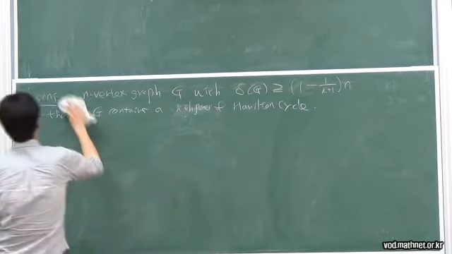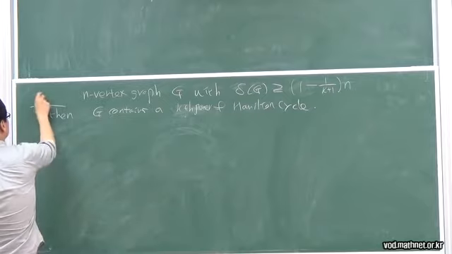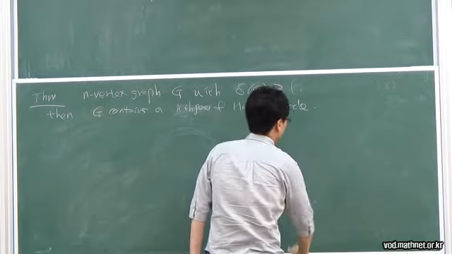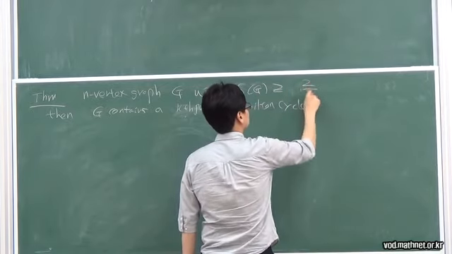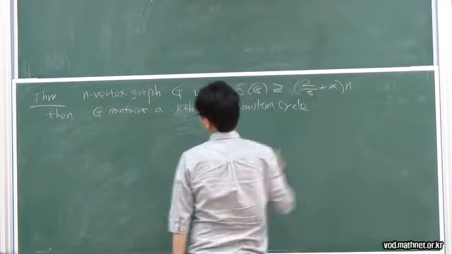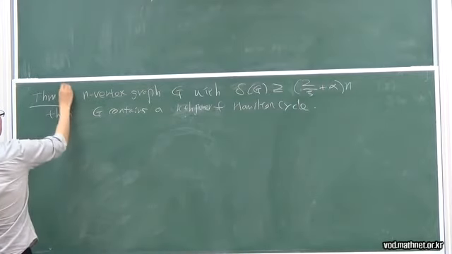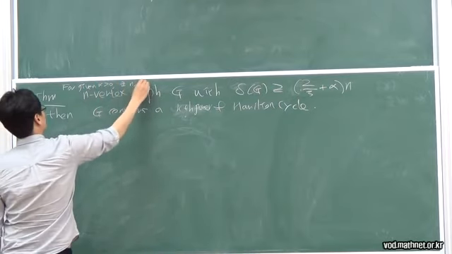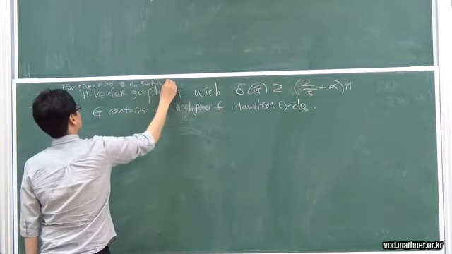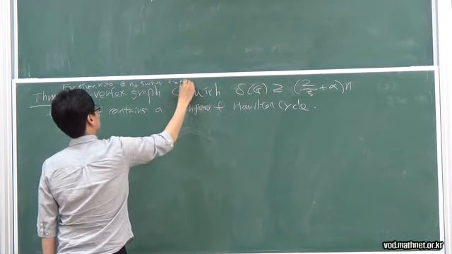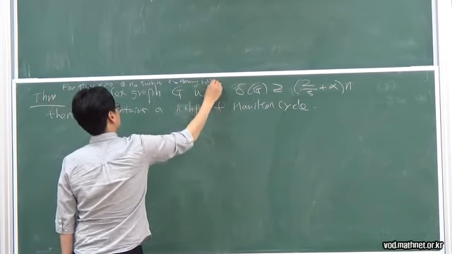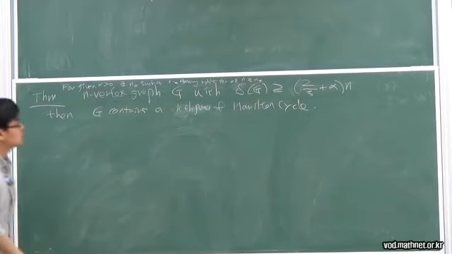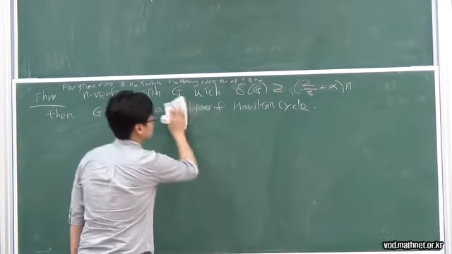And what we want to prove is a weakening of this: 2 over 3 plus alpha. It says that for given alpha, there is n0 such that the following holds for all n at least n0: the graph contains the square of a Hamilton cycle.